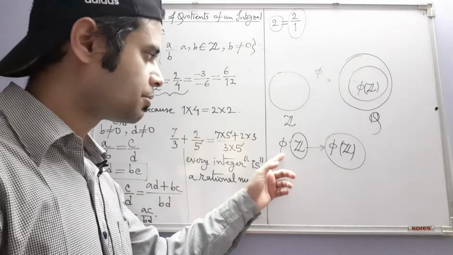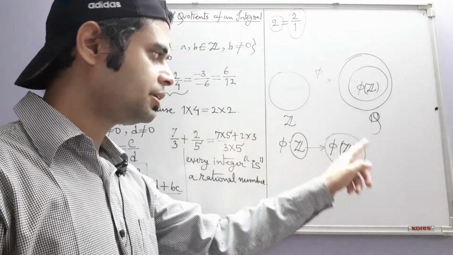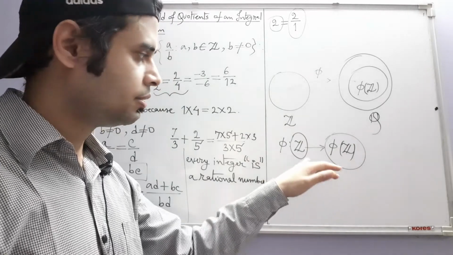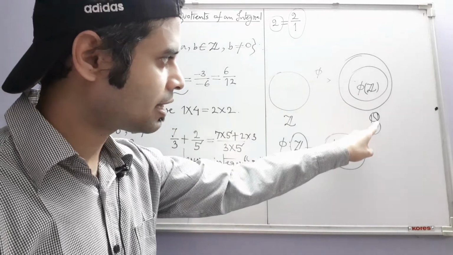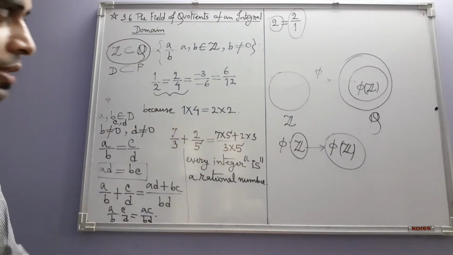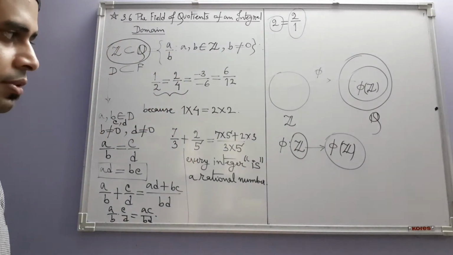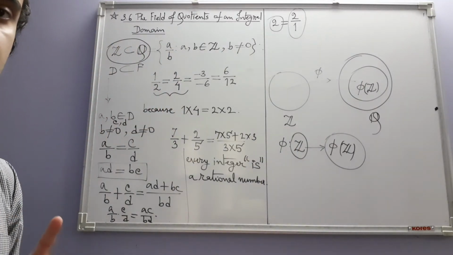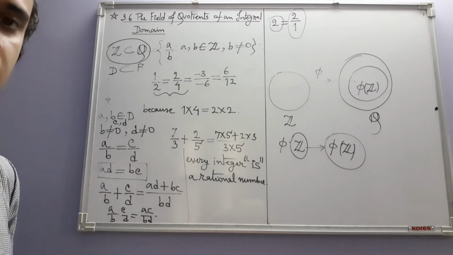You know from the properties of homomorphism that the homomorphic image of a ring is also a ring. So this is a ring, this is a subring of the field of rational numbers. Since these two things are isomorphic as rings, they are indistinguishable as rings. As rings, they are actually the same thing.